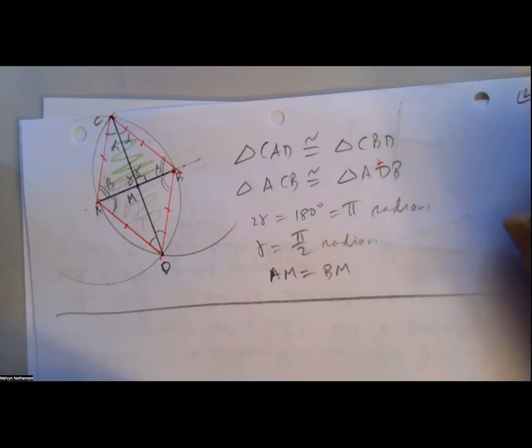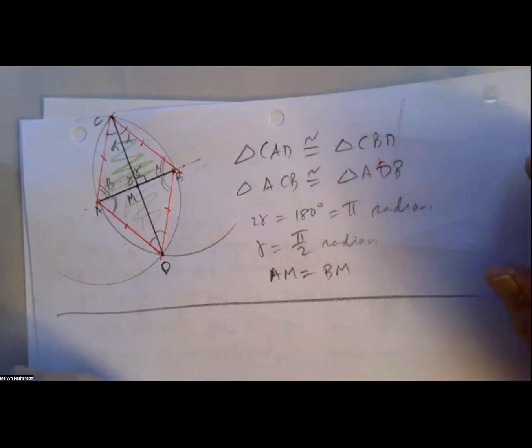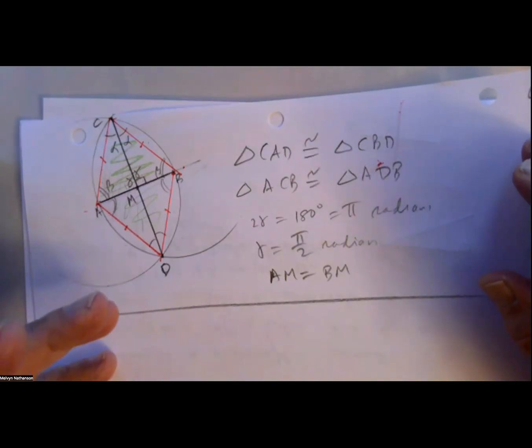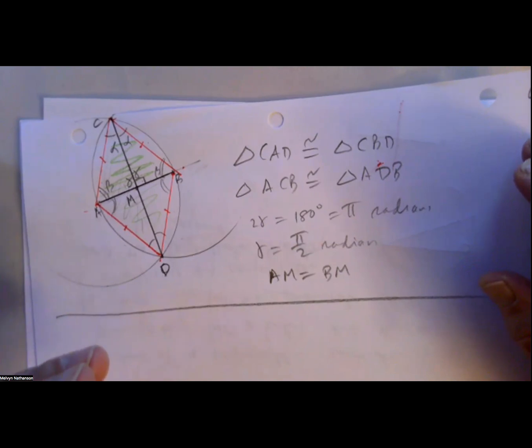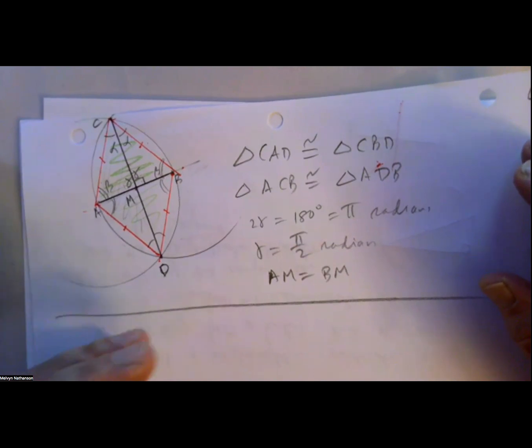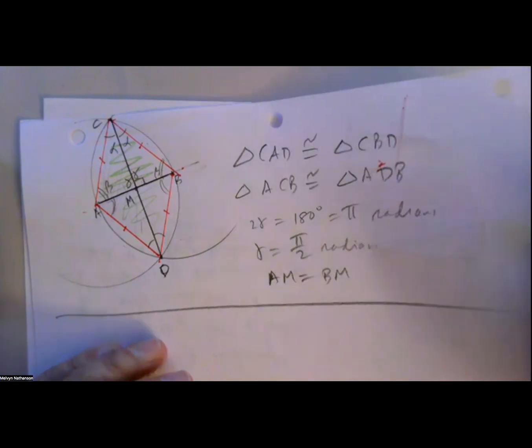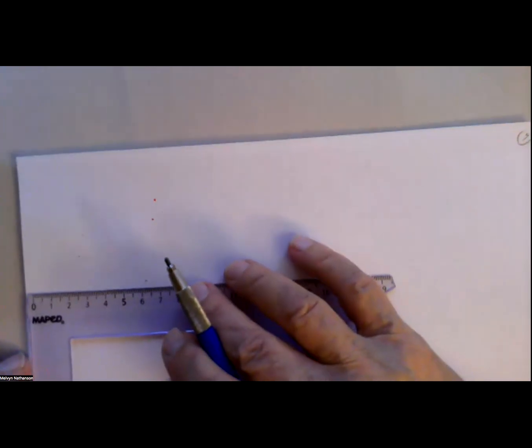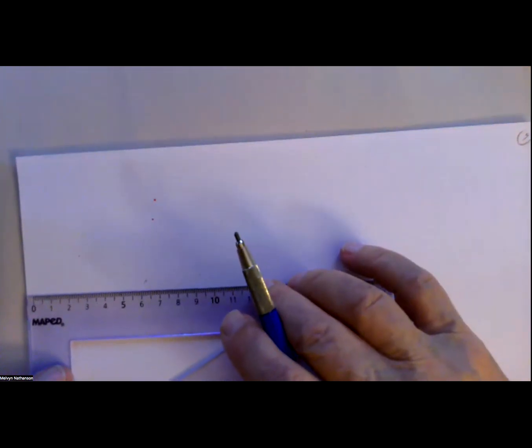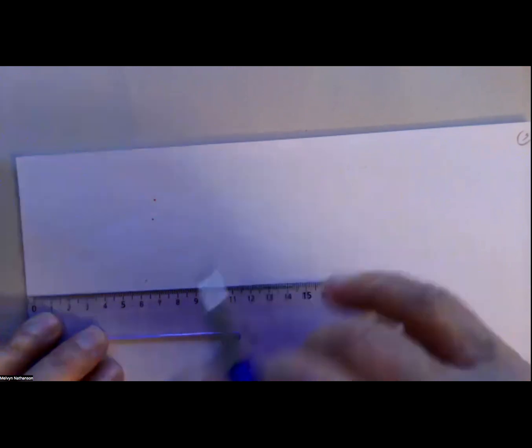Okay, so let me go through again the construction of a square with area equal to that of any given rectangle. So let me start with a clean piece of paper, and let me construct a sort of a random rectangle.